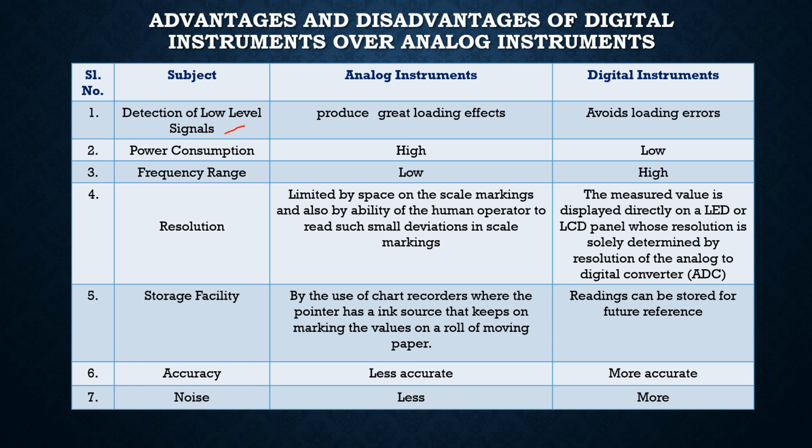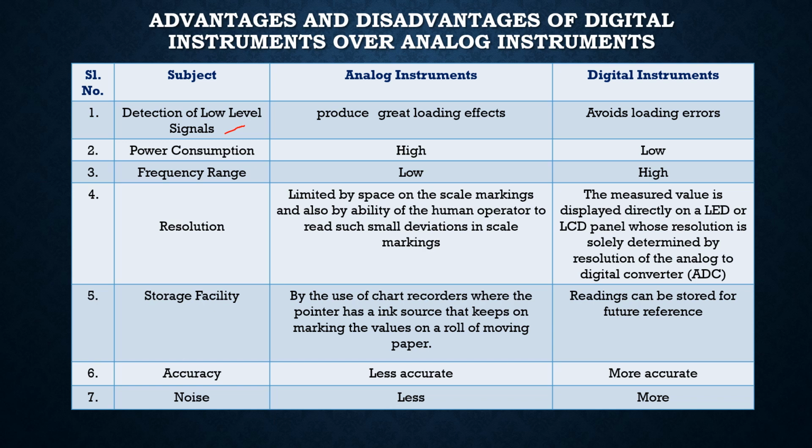The high frequency range can be achieved by digital instrument, which is not possible for the analog one. Next we have resolution. Resolution is limited by space on the scale markings and also the ability of the human operator to read such small deviations in scale markings. This is for the analog instrument.